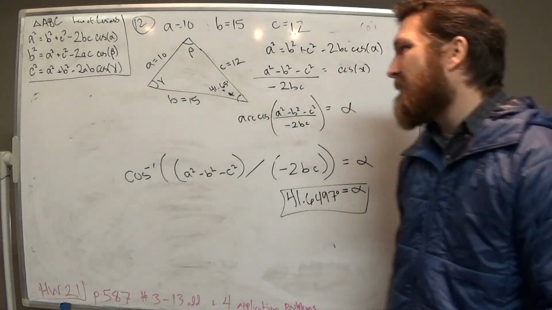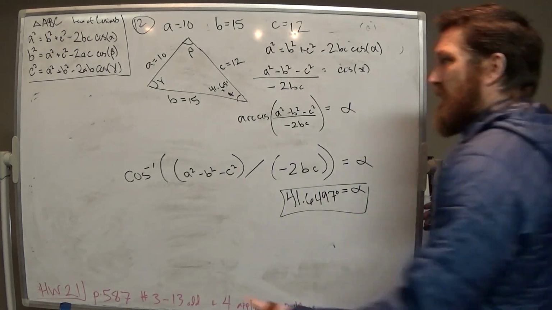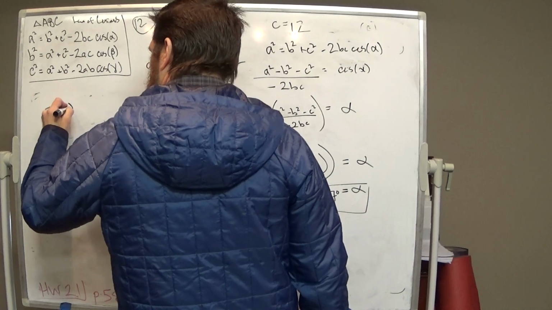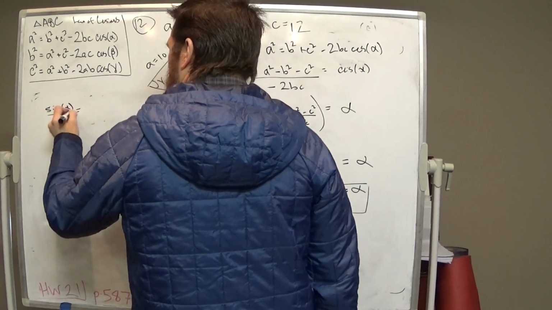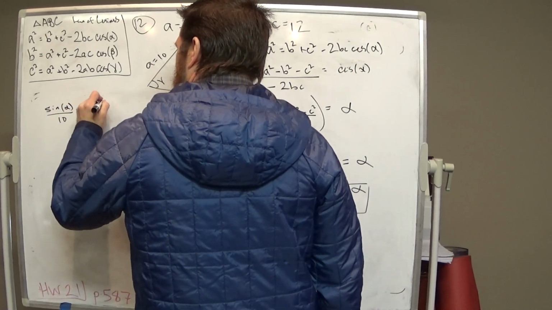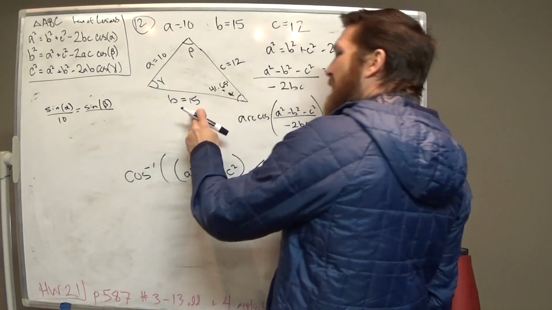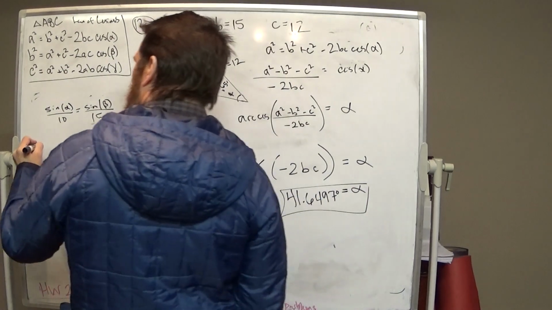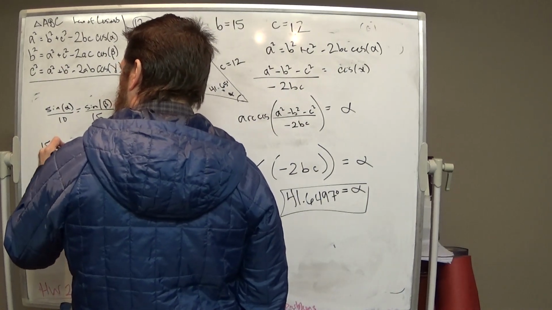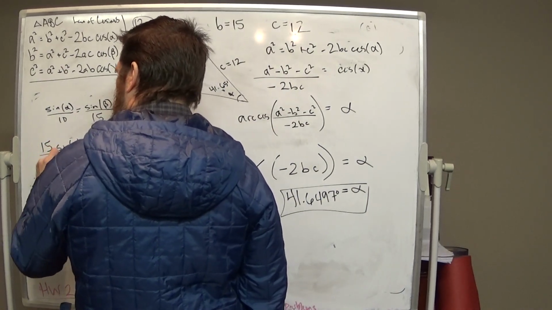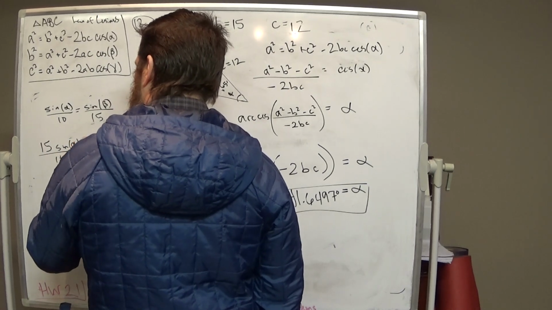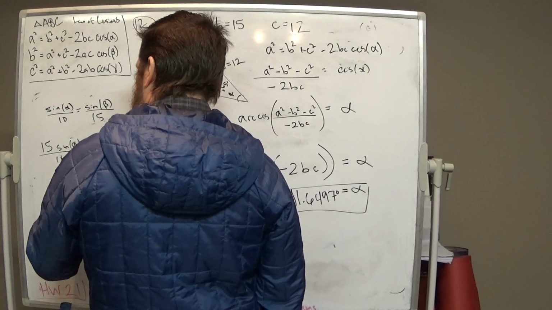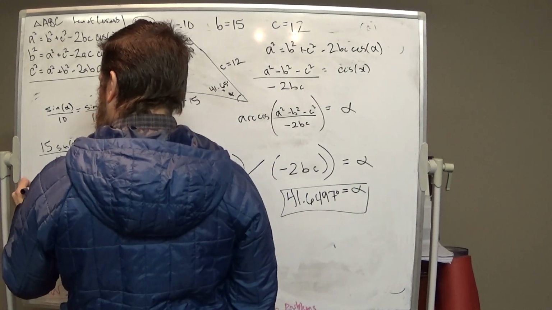I personally think that's a little bit easier, because I could say sine alpha is to 10 as sine beta is to B, which is 15. Beta is the thing I'm looking for, so 15 sine alpha over 10 is equal to sine beta. So then beta must be equal to arc sine of that stuff.